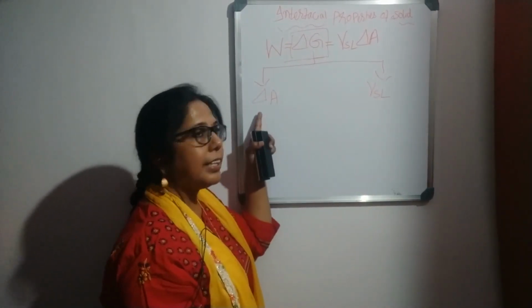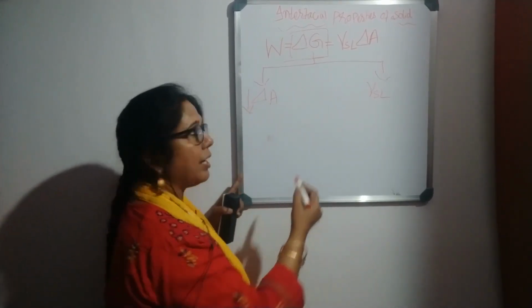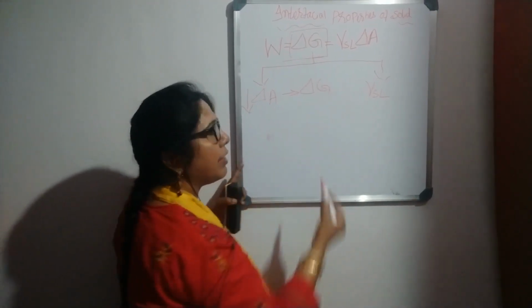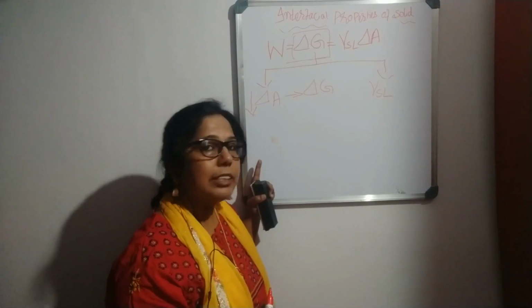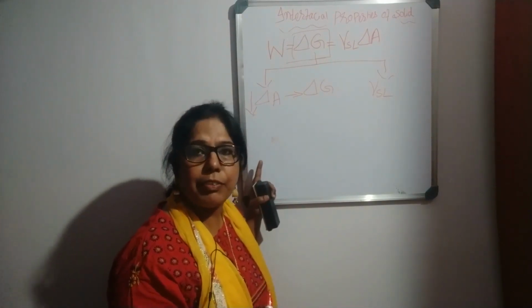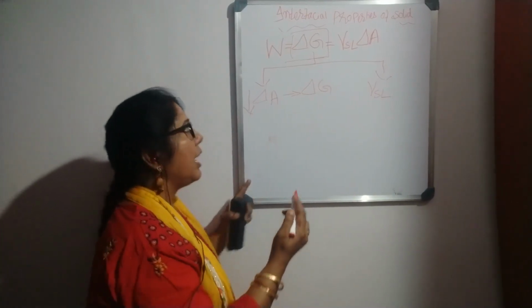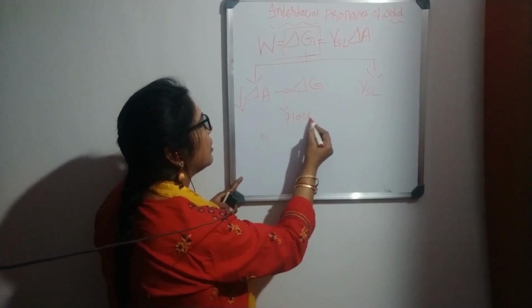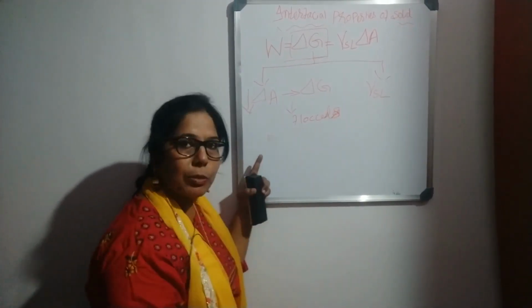Here, if we are reducing delta A, the surface free area, we are reducing the surface free energy. But what will happen if we reduce the surface area and surface free energy? The particles will come close together and thereby form floccules.